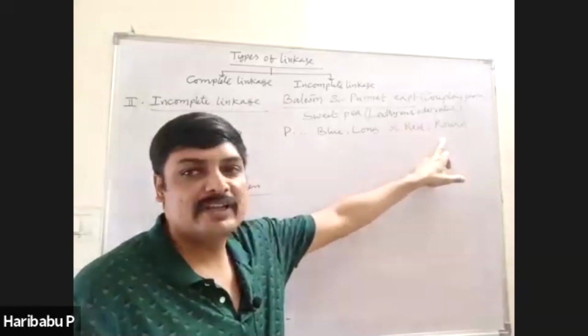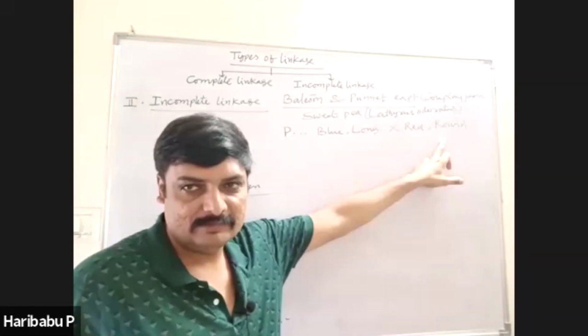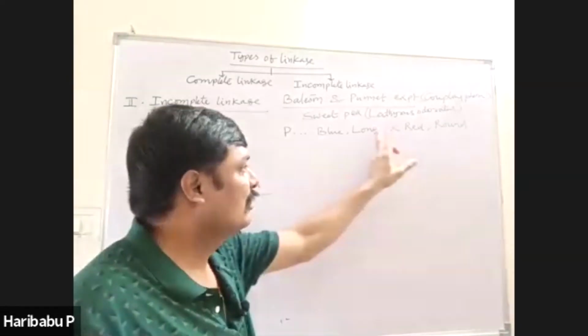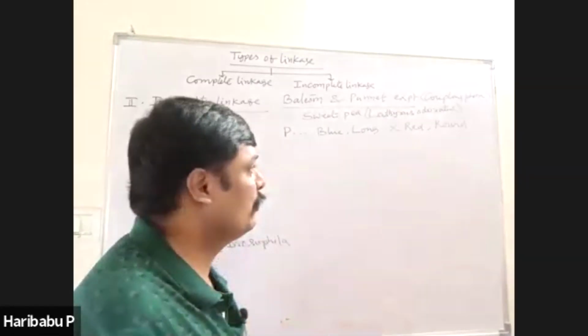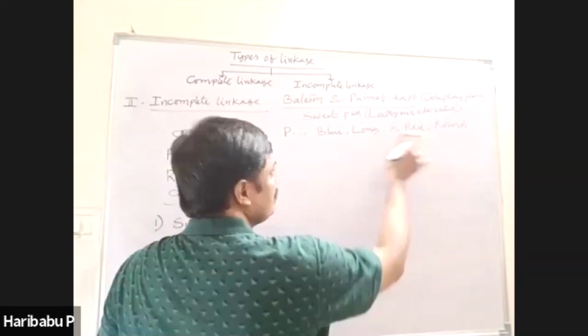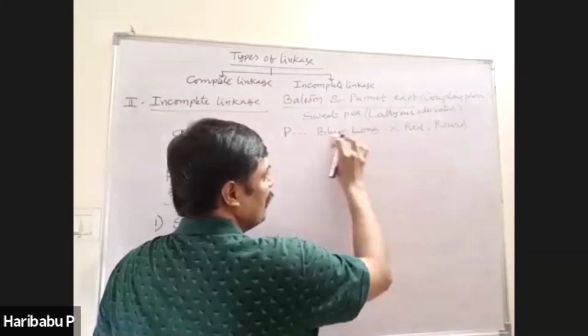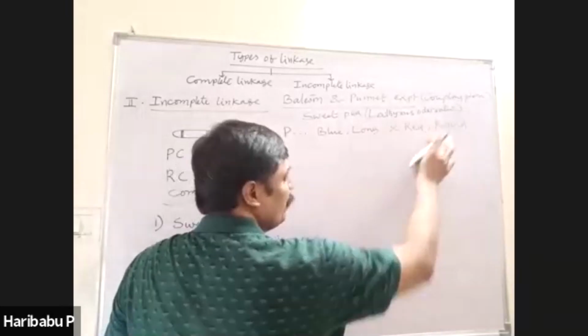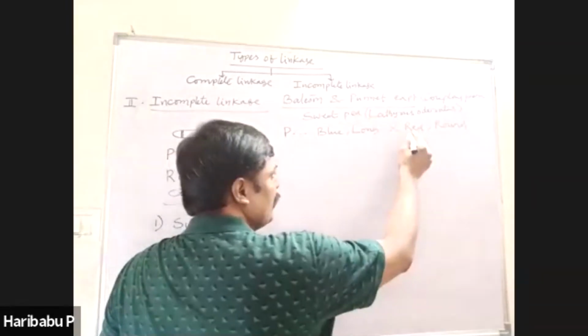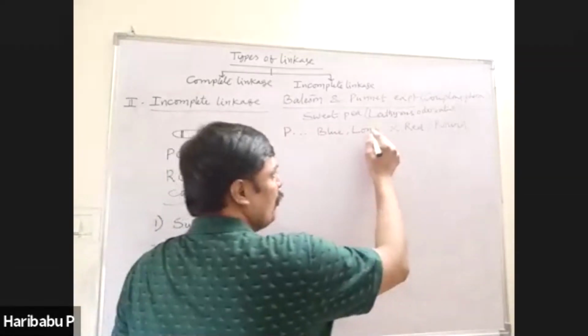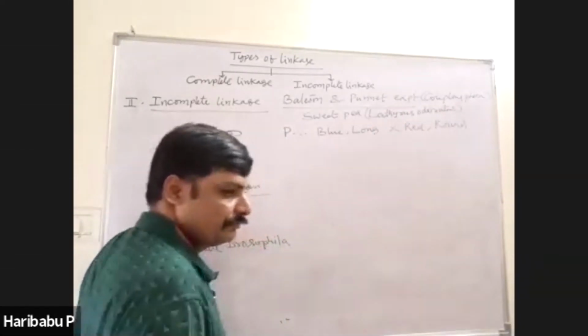Long and round is the shape of the pollen. Therefore, there are two characters. One is flower color, second one is shape of the pollen. Here, blue color of the flower is dominant over red. Long pollen is dominant over round.